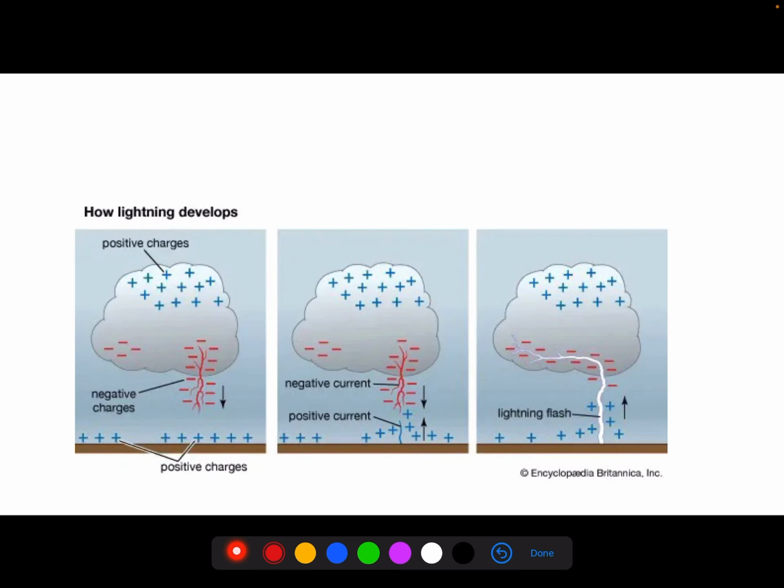If you were to watch lightning carefully, it doesn't just come down from the sky to Earth. It comes down from the cloud towards Earth, but then positive charges actually jump out of the Earth to meet the negative charges coming down from the cloud.